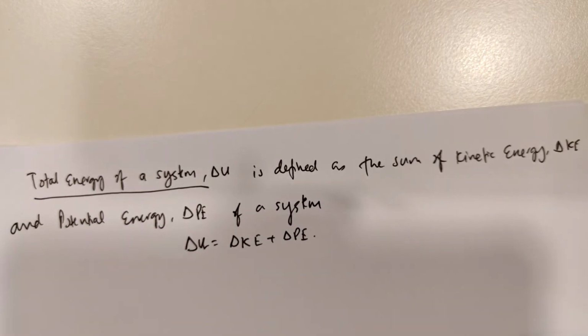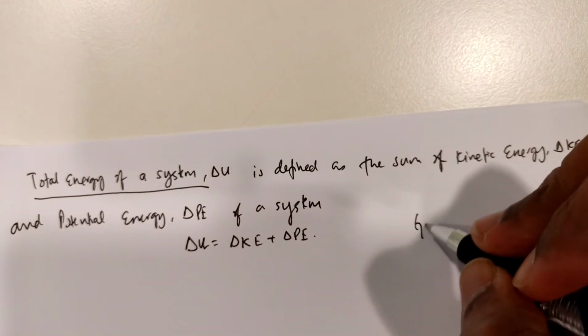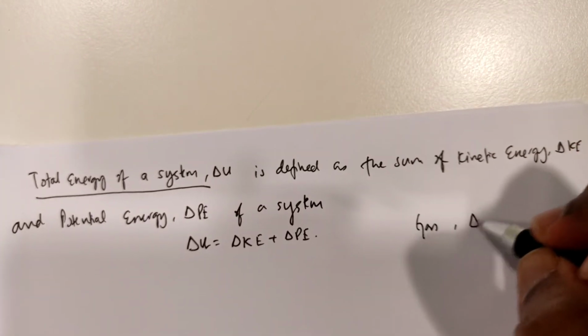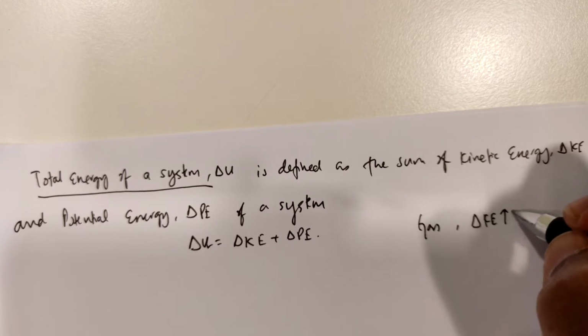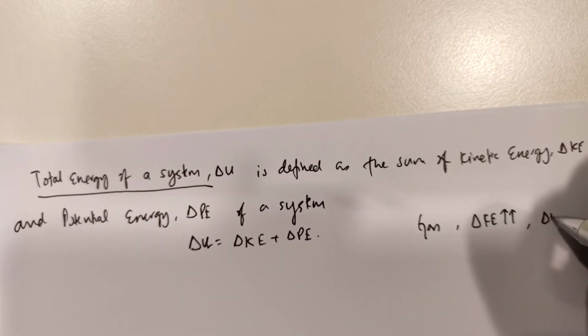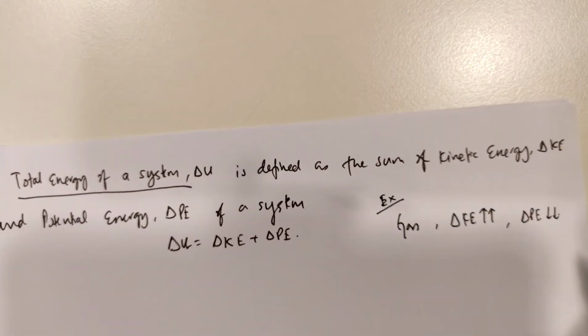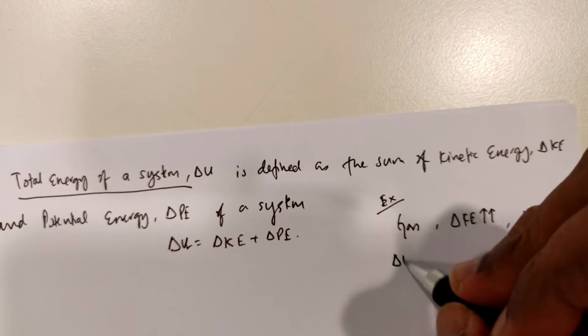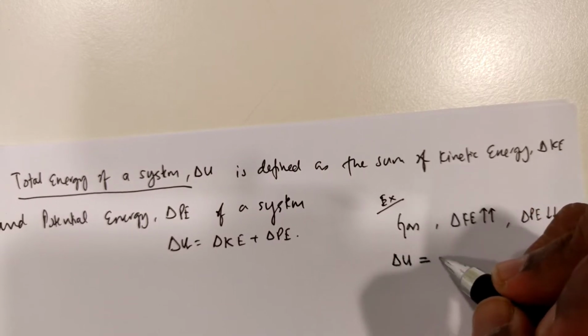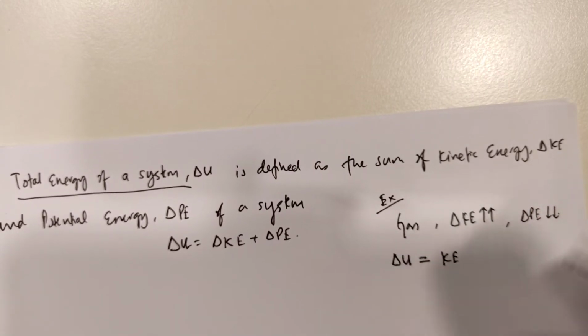For example, if you take a gas, the delta KE is very high and delta PE is very low. So we can say that the internal energy mainly depends on the KE rather than the potential energy.